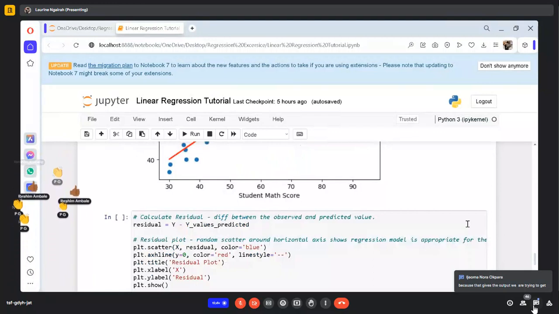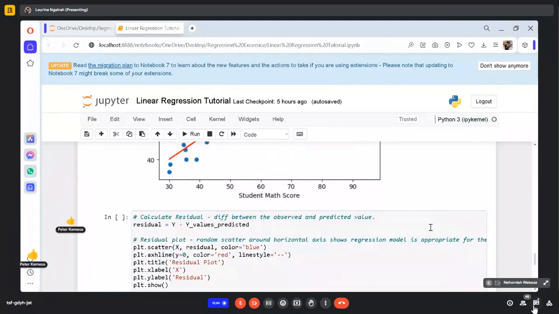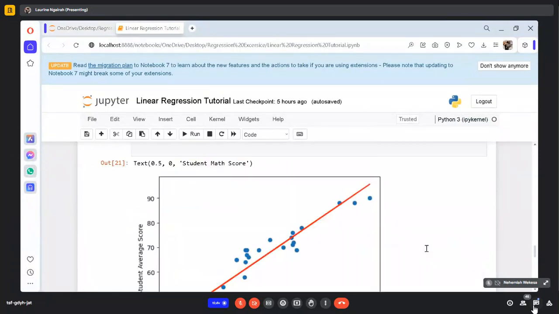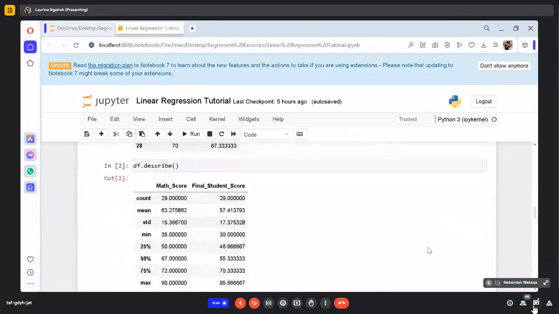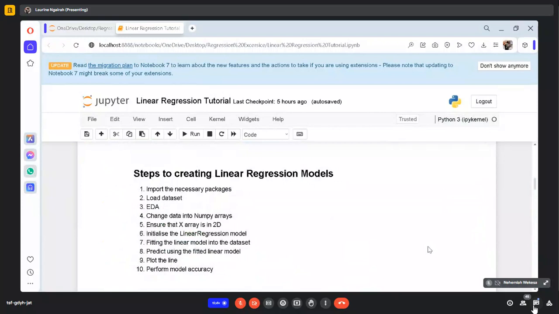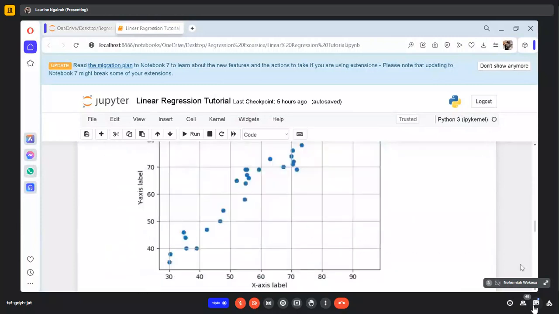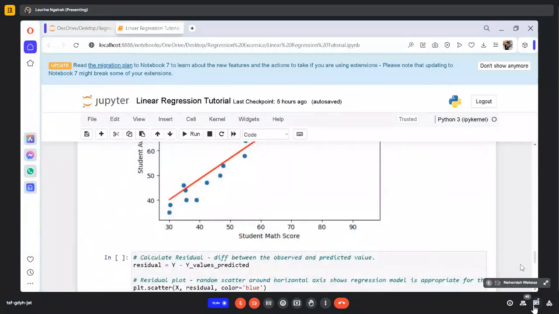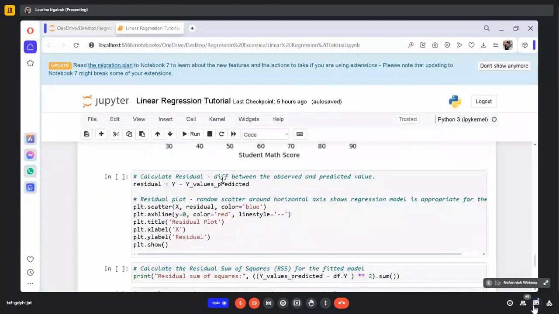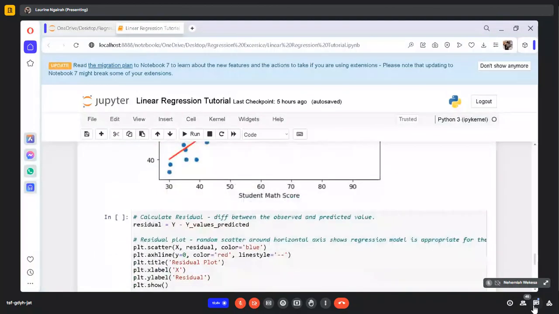So our next step is to do what? Let's go back to our steps. We have already plotted the line. Now we start performing the model accuracy. I've heard Ian talking about the residual, which is basically the distance between our line of best fit and the actual data points.